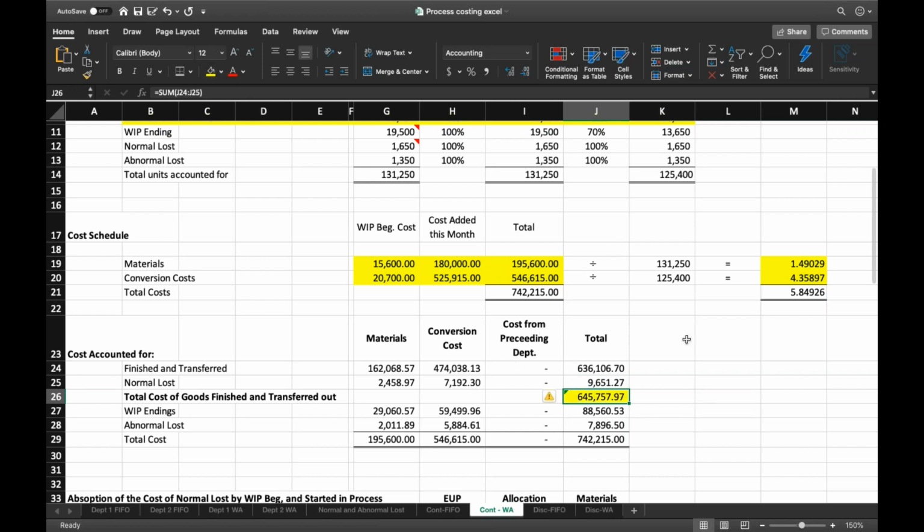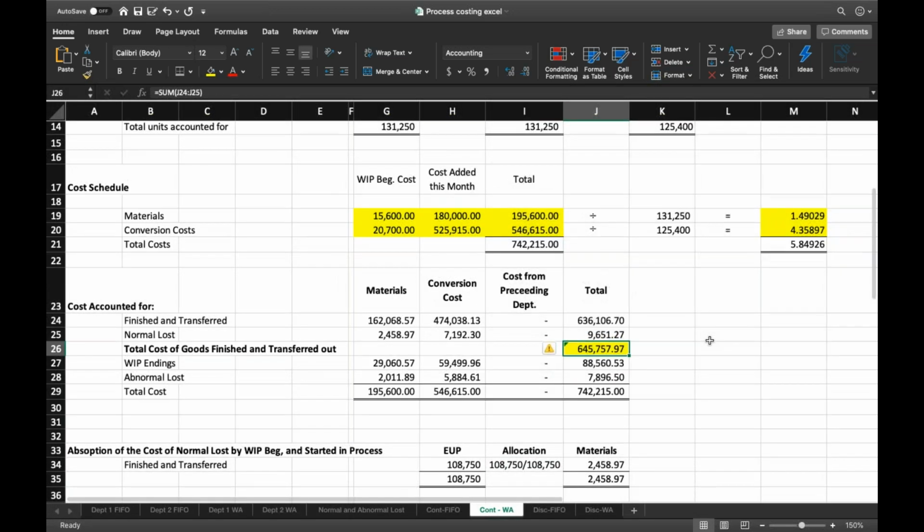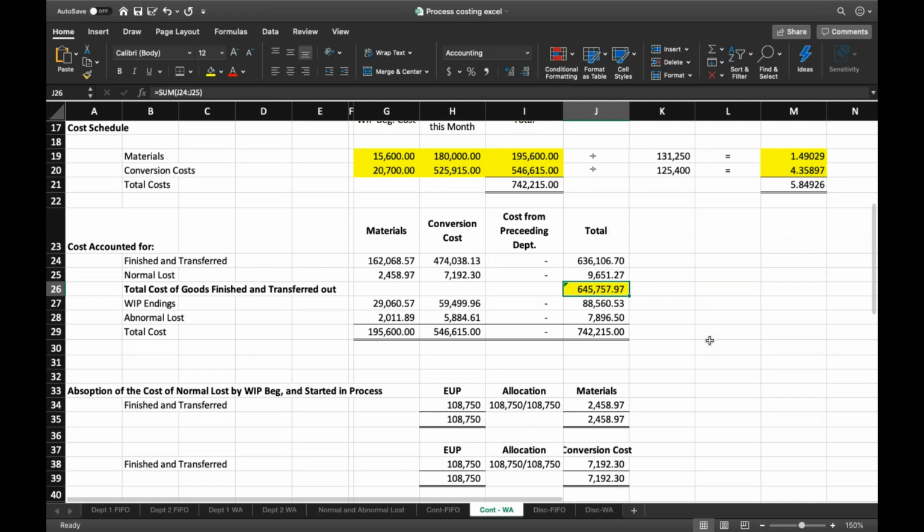Okay. The 9,651 will now be absorbed only by finished and transferred. Hindi kasama yung end kasi nga yung inspection point is at the end of the process. Hindi umabot sa end of the process yung work in process ending natin, kaya wala siyang share dun sa cost of the normal loss.